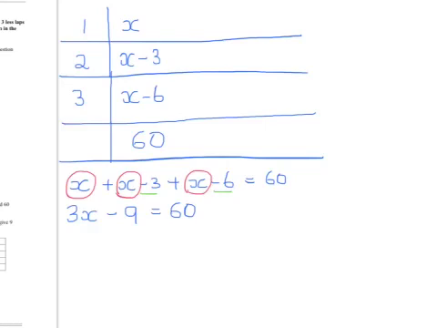Now we're going to undo some of these operations we're performing on x. We're actually multiplying x by 3 and subtracting 9. So I want to isolate x on its own because I want to be able to say x is equal to something. So I need to get rid of -9 and get rid of multiply by 3.